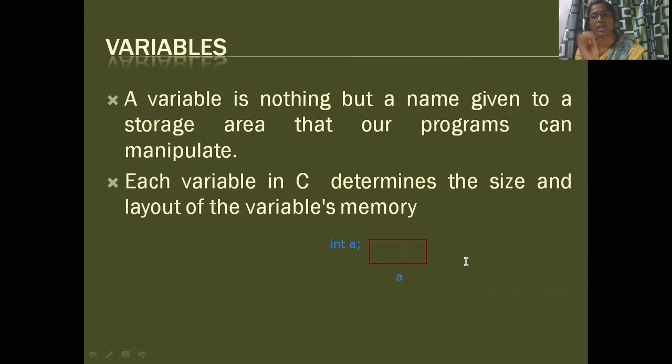It cannot store any other kind of values. Each variable in C determines the size and layout of the variable's memory, how much data it can store, how much memory it allocates, and how much size it requires.